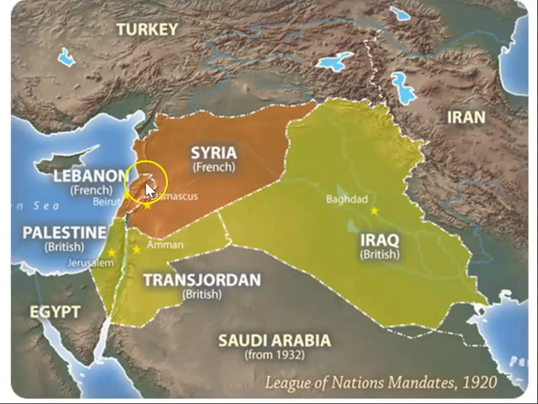All right, so we see then that what we would call Lebanon today and Syria were under the direct control of the French, and Israel, Jordan, and Iraq were under the direct control of the British. Saudi Arabia will be able to gain its independence in 1932.